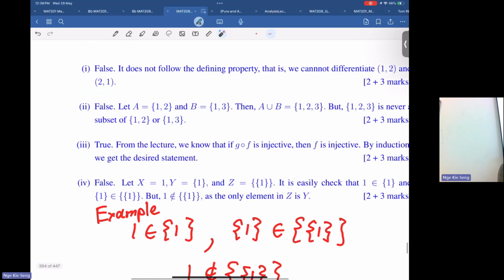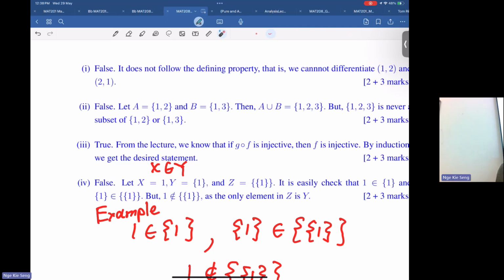So if X is in Y, that means Y is a set that contains X. Okay, so Y is a set containing 1. And then Y is in Z, meaning Z is a set that contains Y.